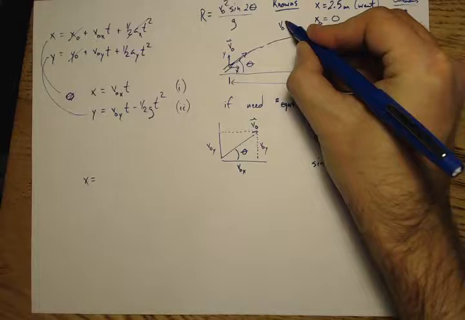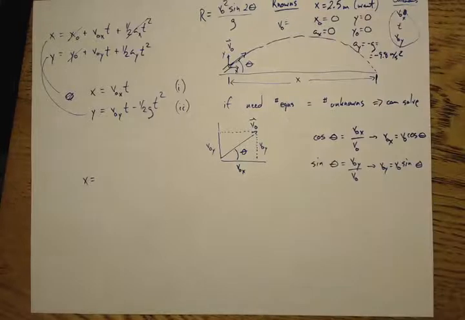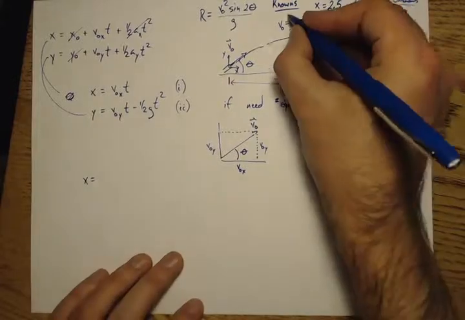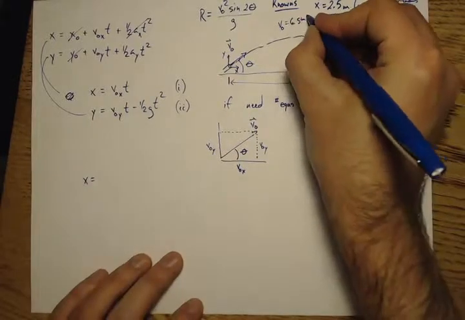So I know the magnitude is equal to, I think, 6.5 meters per second, if I'm right. Chapter 4, where am I? Yep. 6.5 meters per second.